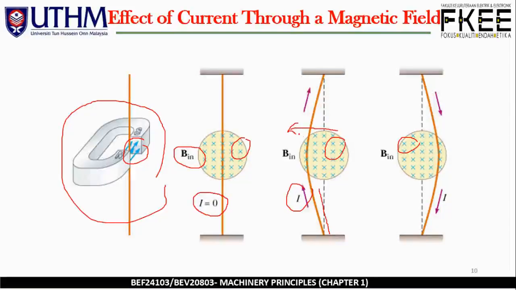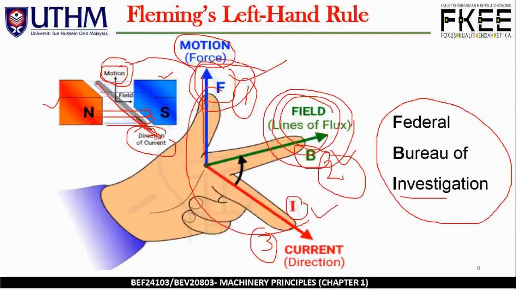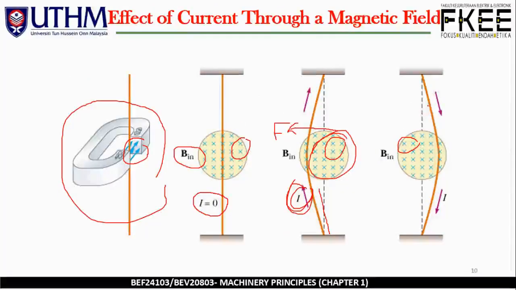This is the force, the motion, generated by the reaction between I and the magnetic field, represented by your thumb. Similarly, if the current is moving downward, with the same direction of magnetic field, we now have an opposite direction of force, which is to the right.